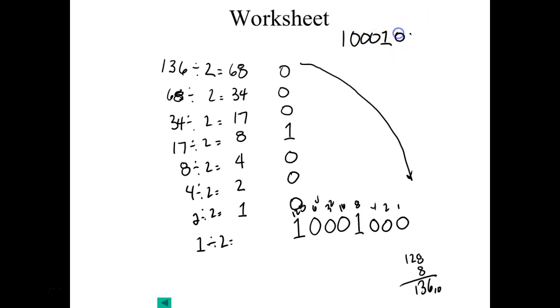We just got through with this, right? 1, 2, 4, 8, 16, 32, 64, 128. I add the decimal equivalents to the bits that have 1 in them. So I have a 1 right here, and that's in the what position? That's on the 128. And then I have a 1 in the 8 position, and that gives me 136.